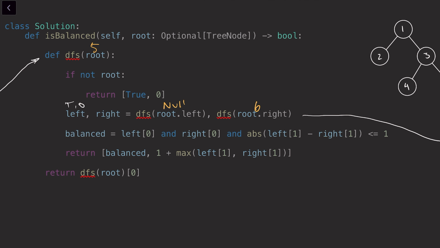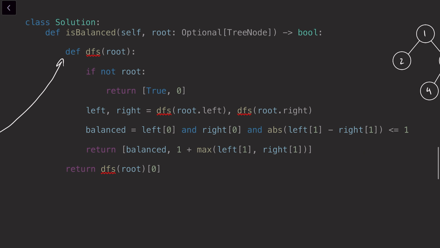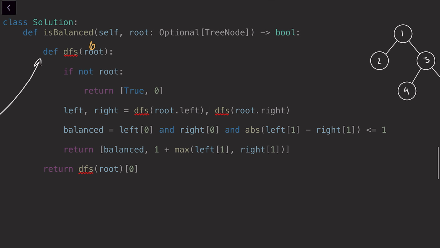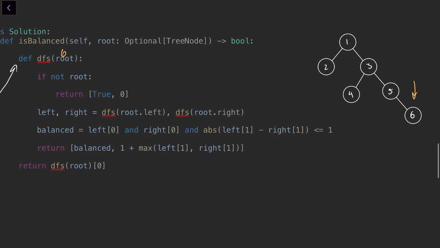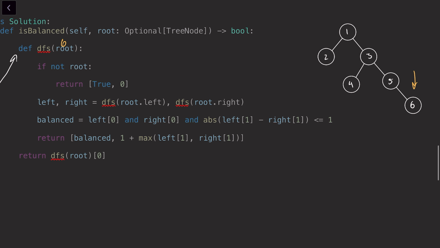So for the right, we will look at that. So now that 6 is our root, we can see that we skip if not root again. And let's take a look at this. So it will be null and null on the left and the right. So we know that this will return t0, which is true, and the height is 0.